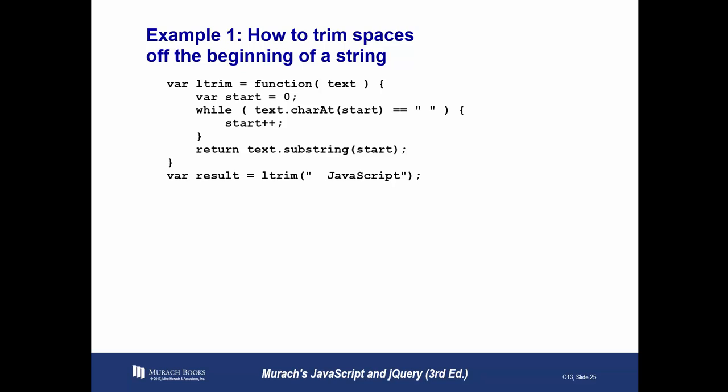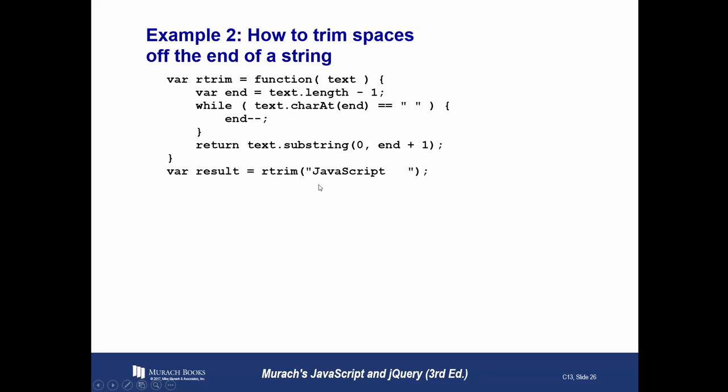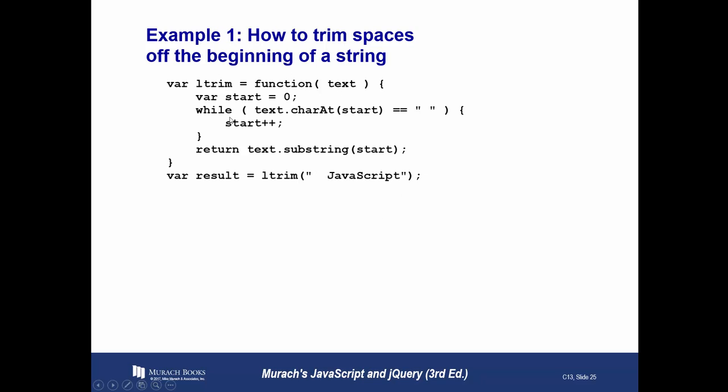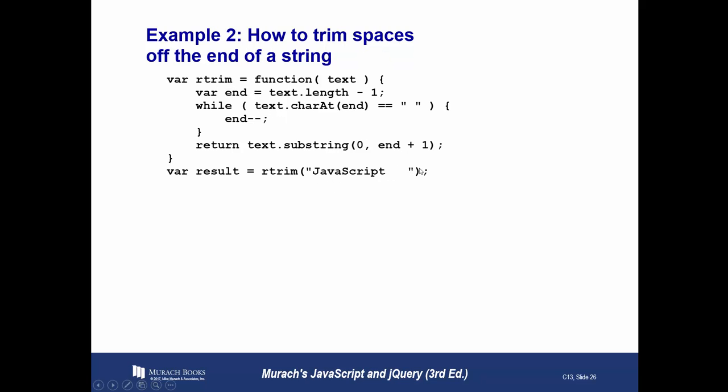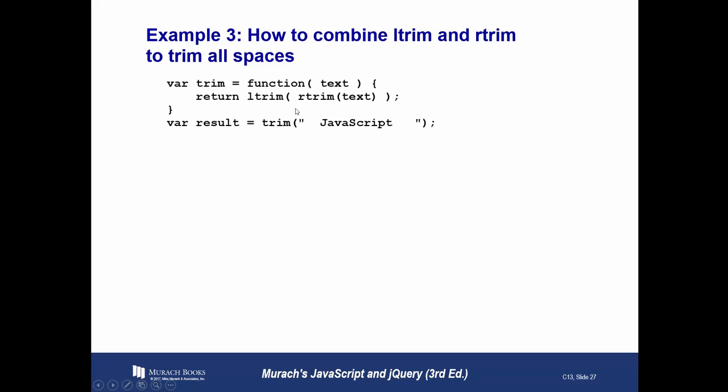Typically most programming languages have a trim method inside of them that removes any leading spaces and any trailing spaces at one time. Notice they've got an L trim for trimming it from the left, an R trim for trimming it from the right, but most of the time you'll just combine those into trim.